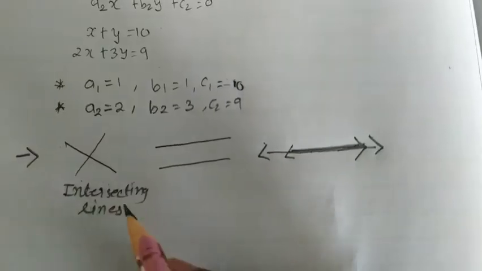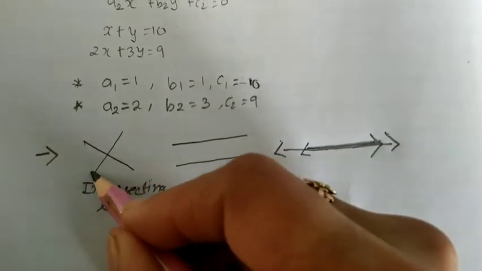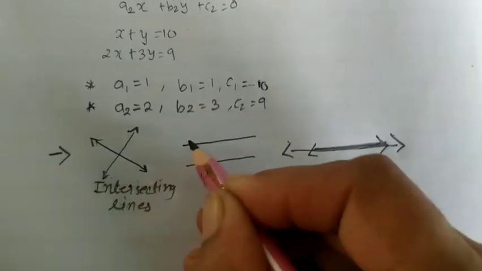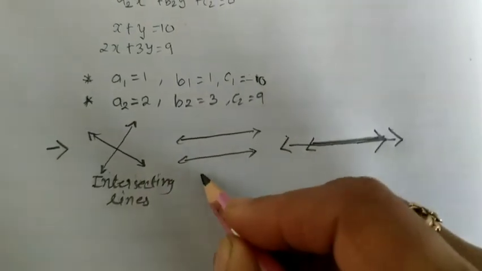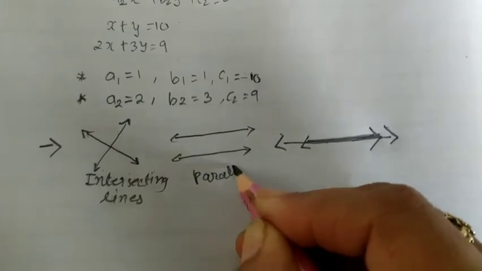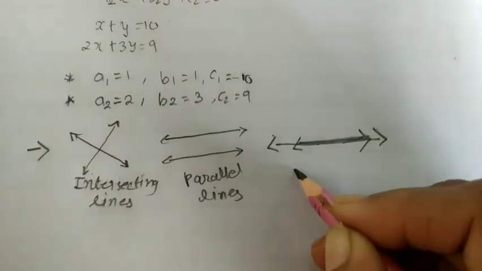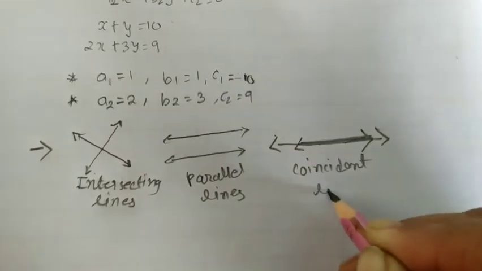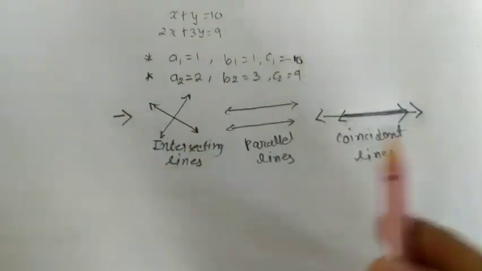So this one is the intersecting lines, this is called parallel lines, and this is called coincident lines.